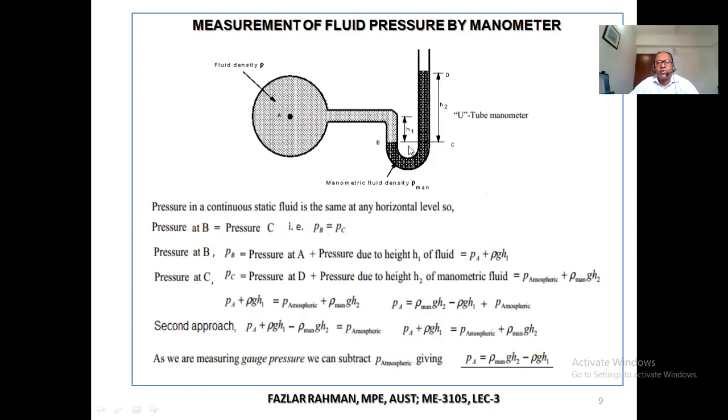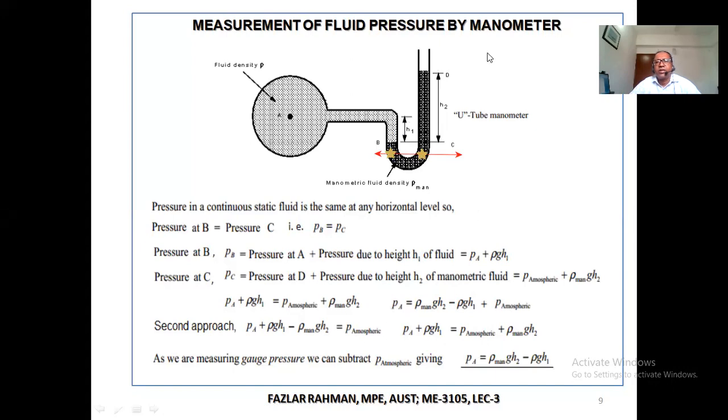So you look carefully, this height is given as H2, this one is H1. And you can make a line, for example, over here. Then the pressure at this point, over here, and over here will be the same because they are on the same line.